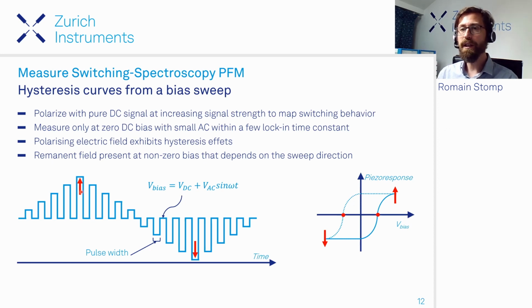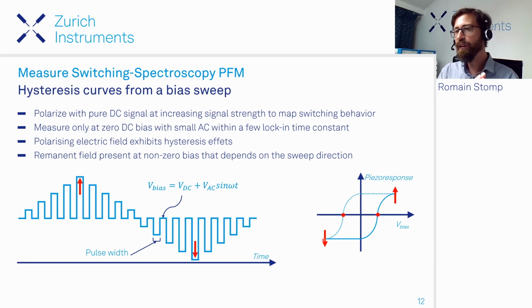Here you are not having a laser pump tone, so it's not an optical pump probe, it's really an electrical pump probe where you reverse the polarization by applying an electric field, but then you don't want to measure right away or while you are pulling the field or the polarization, but after that. So all the measurements, you want to do them basically where DC is 0, and it's just a pure AC measurement. It's a little bit like when you were writing and reading in the AFM and in our imaging before. The writing is DC, the reading is AC.